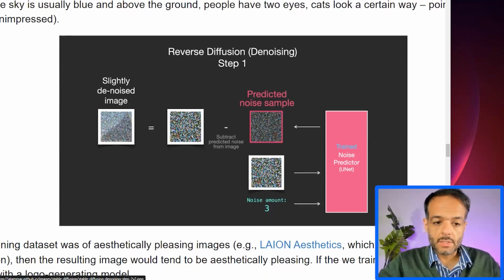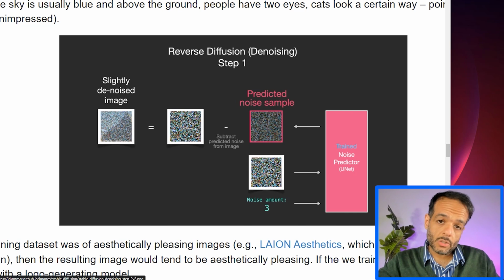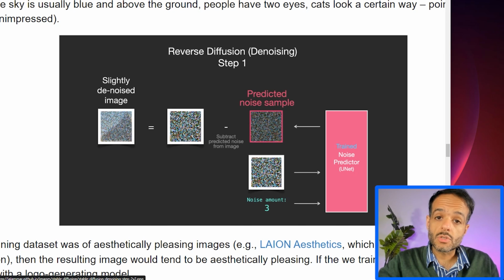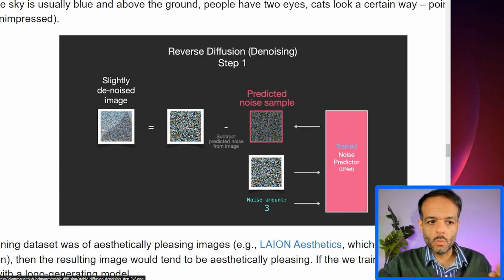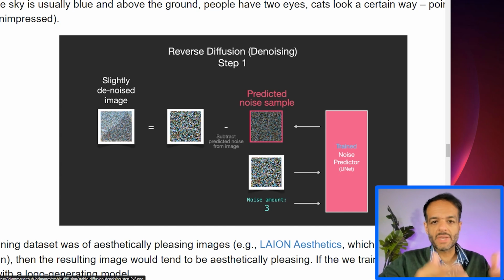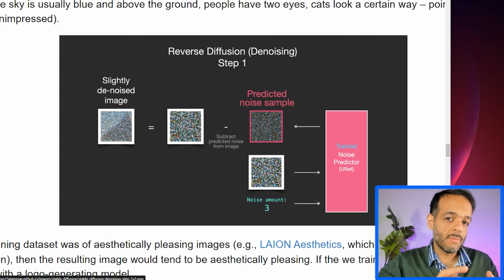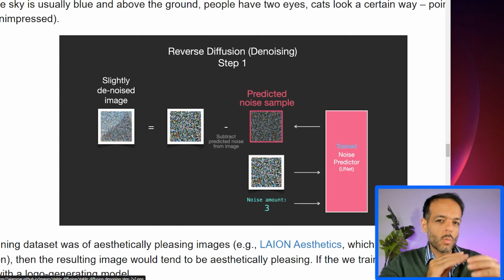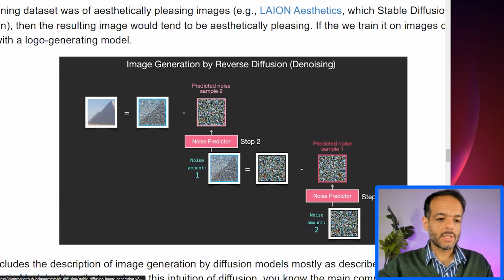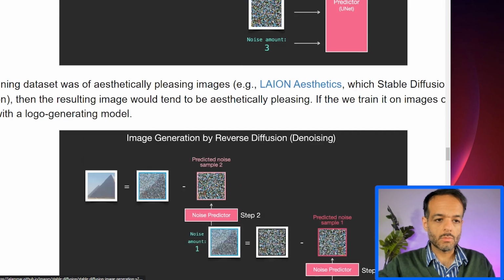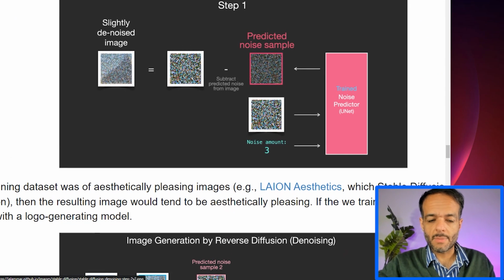Given that we have the original noisy image and the predicted noise, we subtract the two, and then we get a slightly denoised image. So effectively here, the model has painted something. It has painted a version of the image, but it's not the final image yet. It's only one step. From here, we can say, okay, now we removed noise amount number 3, we removed a little bit of noise.